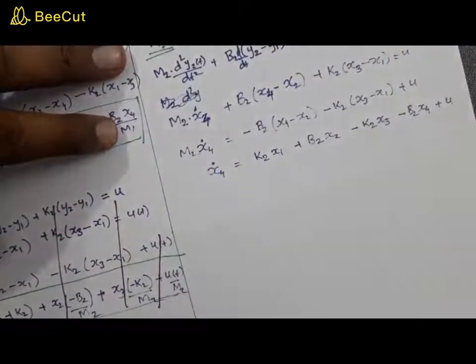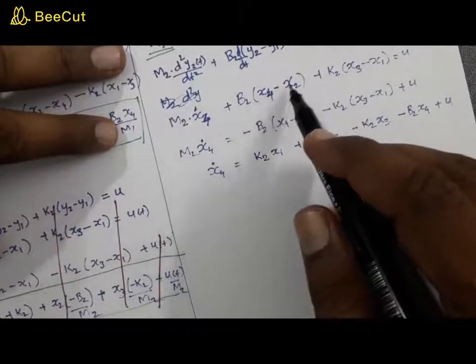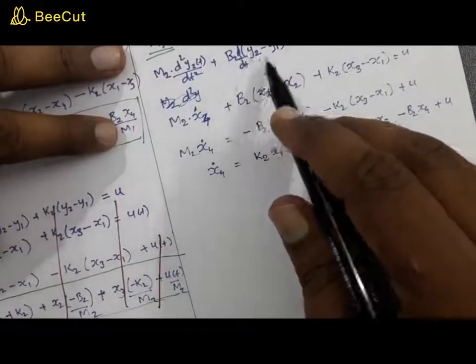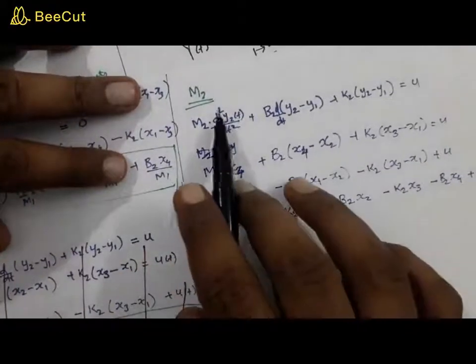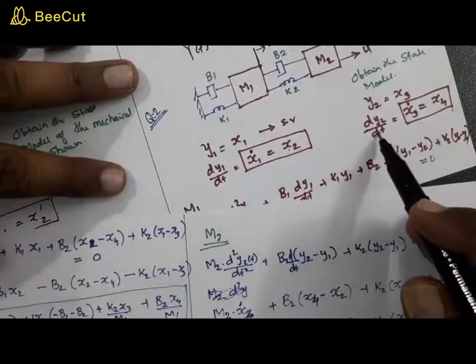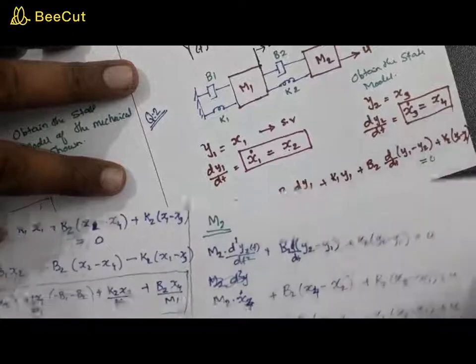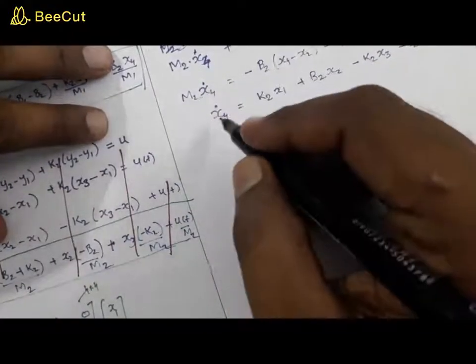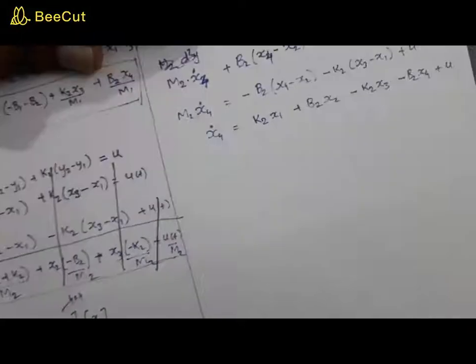So you can call this b2 into x4 minus x2, right? And m2 will be m2 into d square y2 of t by dt square. We have already assumed dy2 by dt as x4, so the second derivative of this will be x4 dot. So this is assigned as x4 dot. Now from this equation we will be able to get x4 dot. So that means b2 into x4 dot.